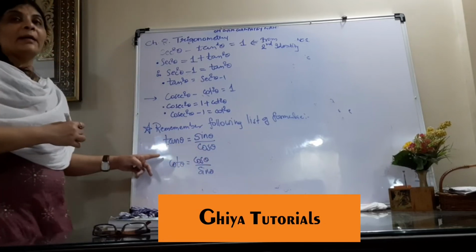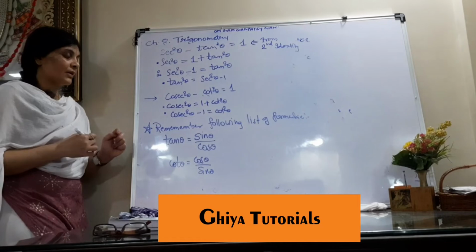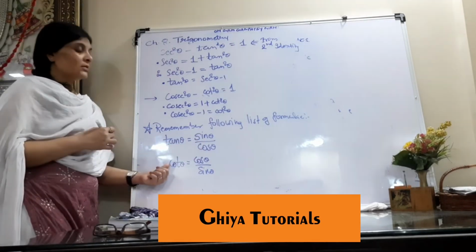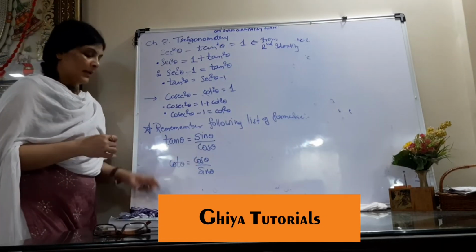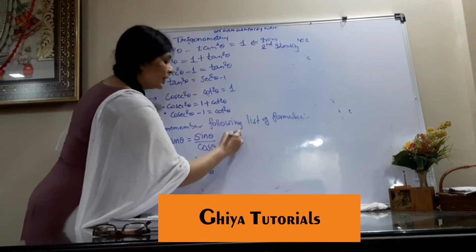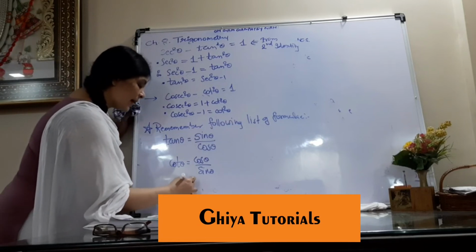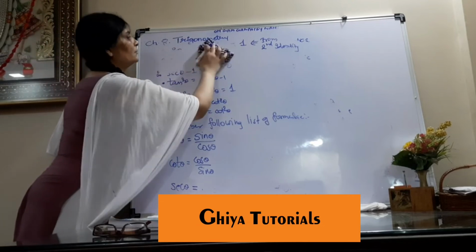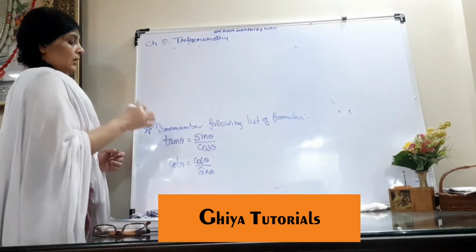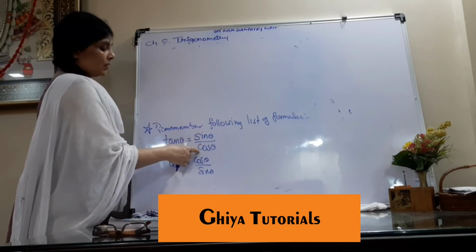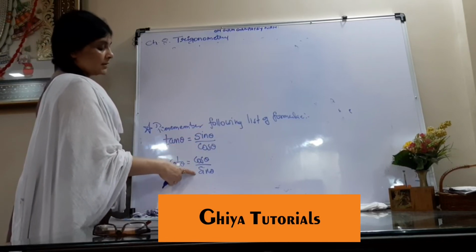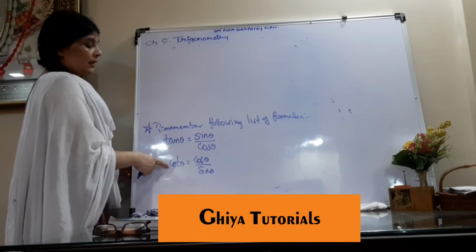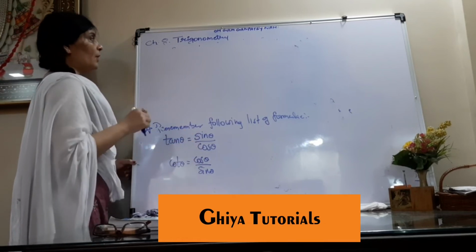Tan and cot are reciprocals of each other, so sin upon cos becomes cos upon sin.